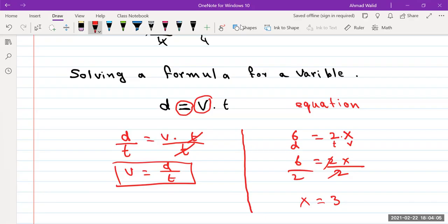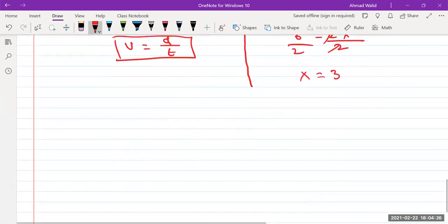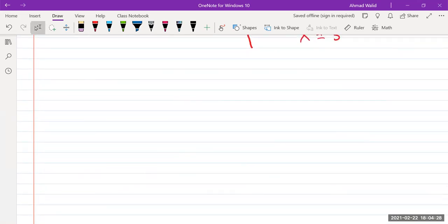How much time you need to drive from one point to another point. If you divide that distance by your time, it gives you the velocity. Correct? You can even solve this problem for t, correct?